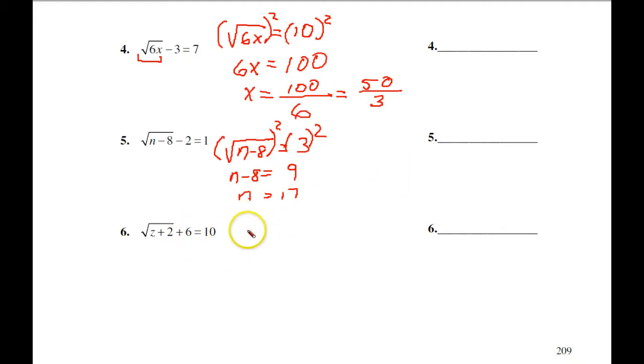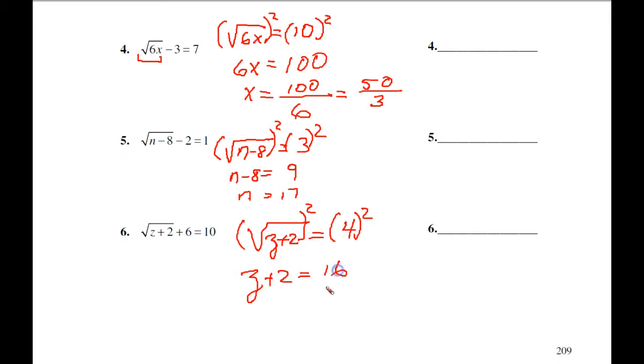Same thing here. Square root of z plus 2. Subtract 6, or transpose. We get 4. Square both sides. We get z plus 2 equals 16. z equals 14.